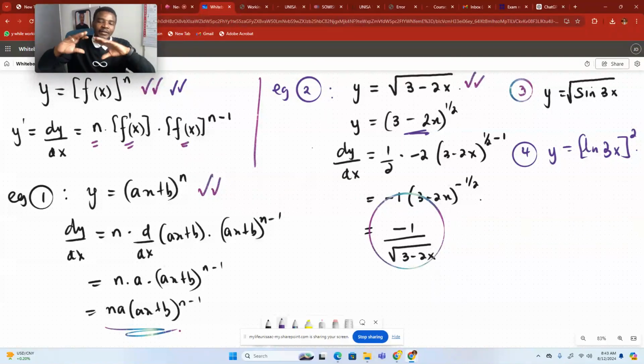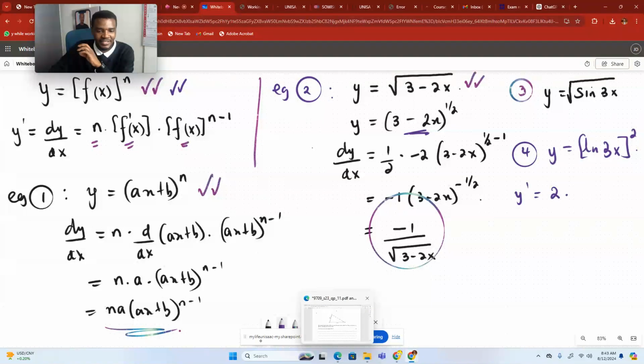So remember, we've got ln of 3x, that's our function, and raised to the power of 2. So for us to find y prime, which is our dy dx, what we need to do, we bring down the power. After bringing down the power, you multiply by the derivative of ln of 3x.